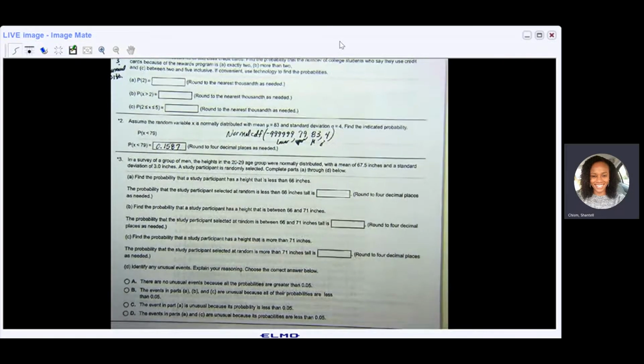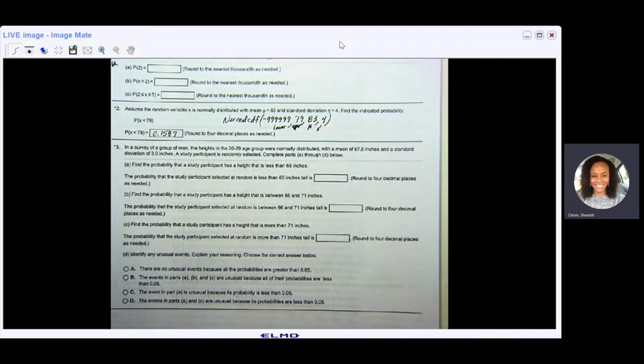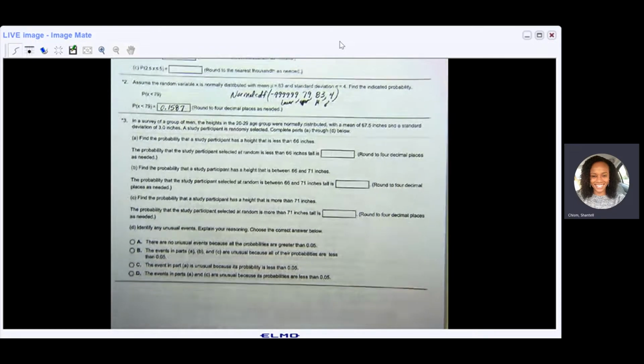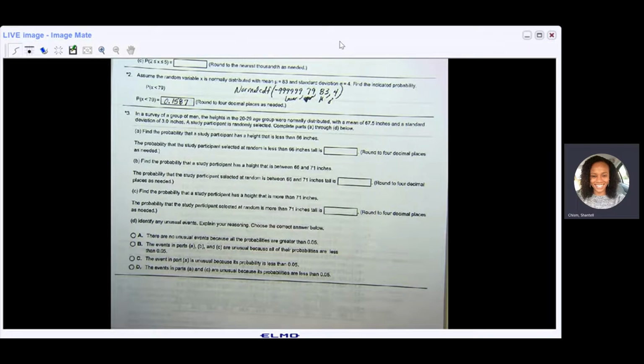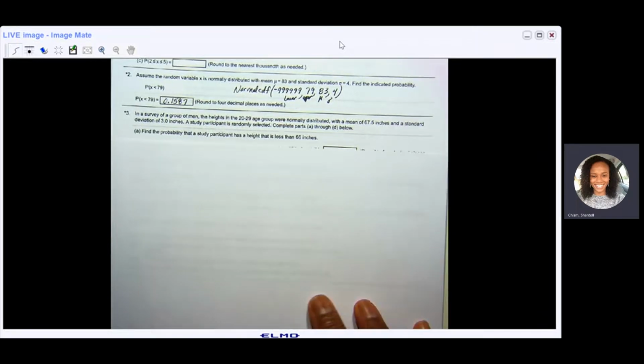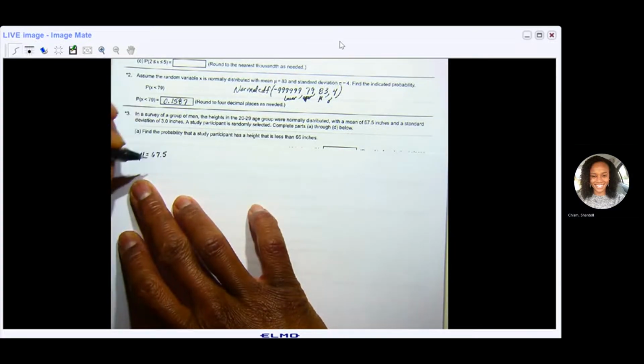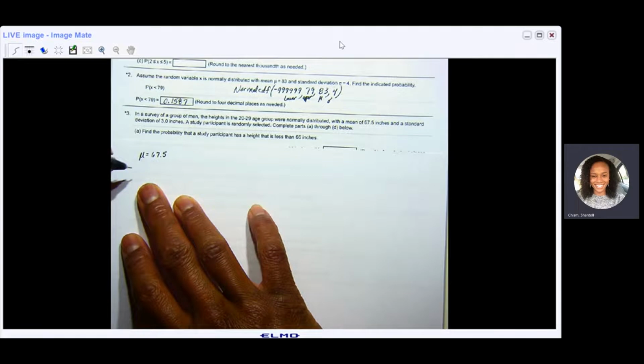Number 3 is also dealing with normal distribution. Similar to number 2, it just has 3 parts. So let's look at number 3, at least part of number 3, if we don't do the whole thing. It says, in a survey of a group of men, the heights in the 20 to 29 age group are normally distributed with a mean of 67.5 and a deviation of 3.